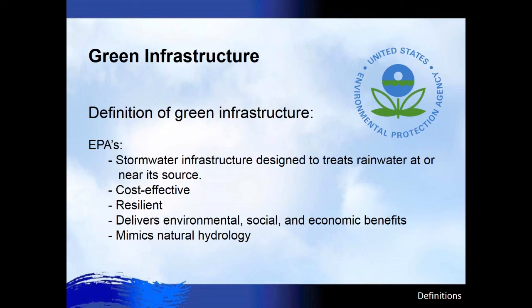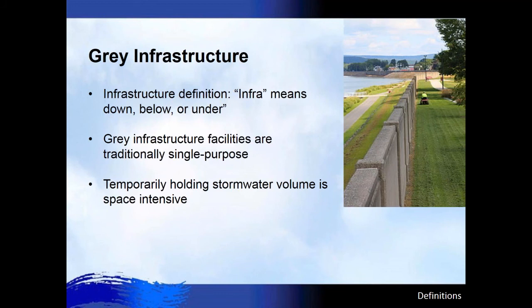So going on, gray infrastructure. It's interesting, the word infrastructure itself, the definition means something down, below, or under, right? So that's something unseen, possibly unsightly, or possibly discarded. So stormwater has often been placed underground to conceal it, and often to set it and forget it so the public don't see it.